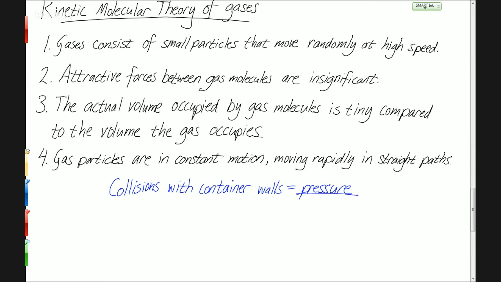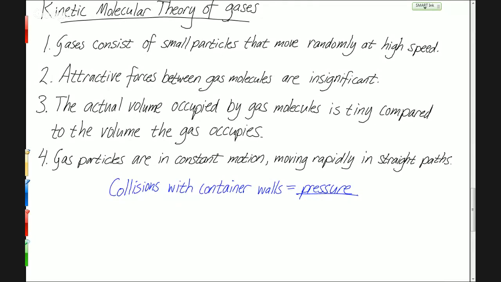We didn't really talk about where this pressure idea comes from. We talked about pressure from a physics standpoint of standing on something or putting a force over a particular area. But what's actually exerting the force on the walls in the sample of gas? We don't really think about that. So we say, well, what's exerting that pressure is the gas molecules colliding with the walls. And if gas molecules are all going in straight paths, eventually they're all going to hit the wall.